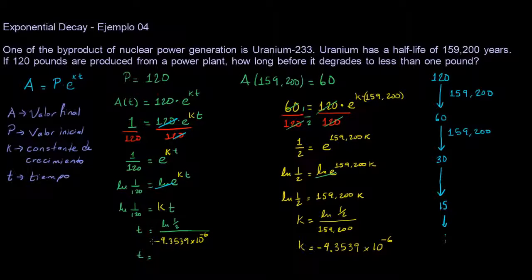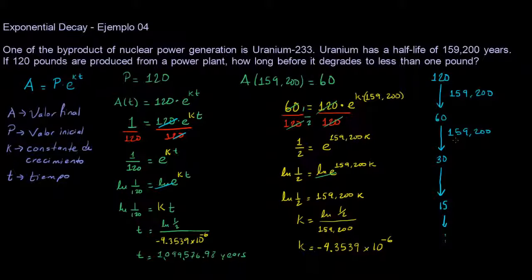It's the natural log of 1 over 120 divided by this k, and we got the result for t equal to 1,099,576.98 years. So it's a pretty long amount of time, but I think it makes sense.